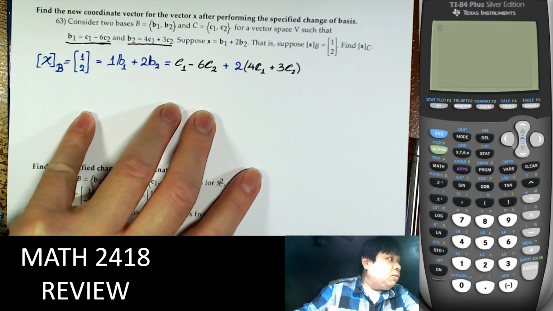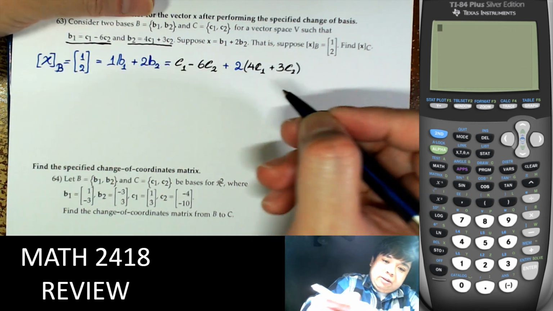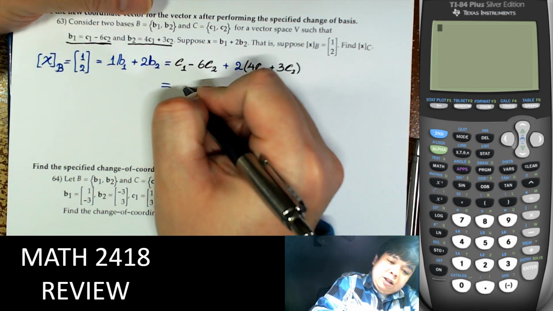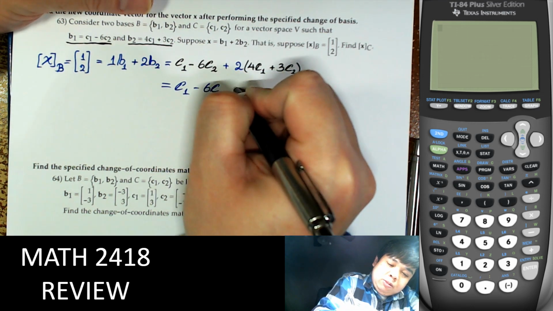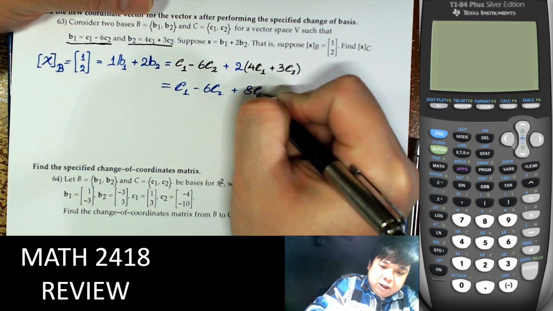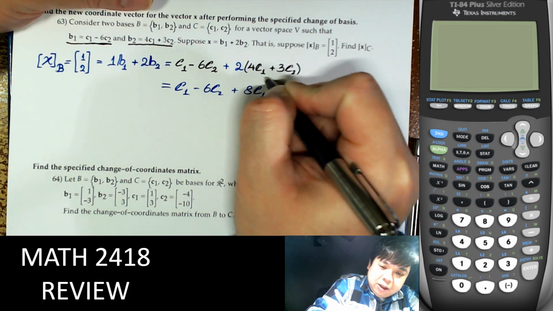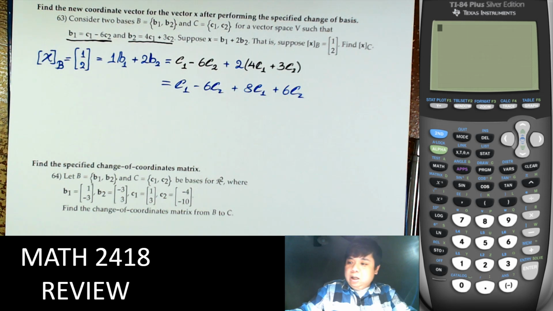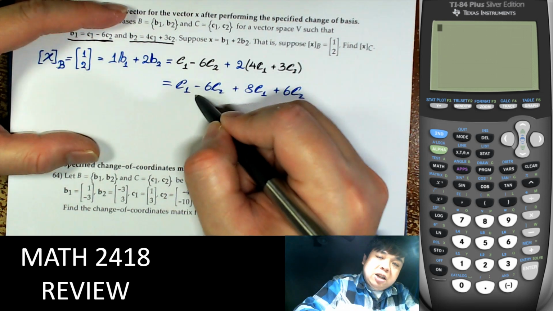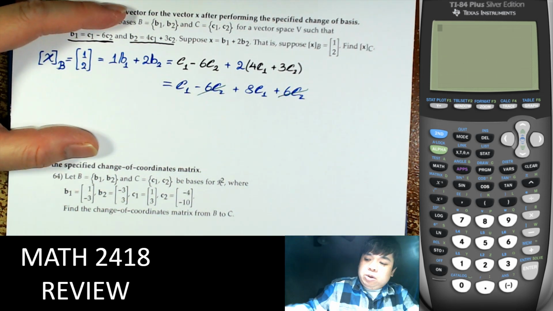Right, so we just have C1 minus 6C2 plus 8C1 plus 6C2. It just happened that 6C2 and 6C2 here cancel out.